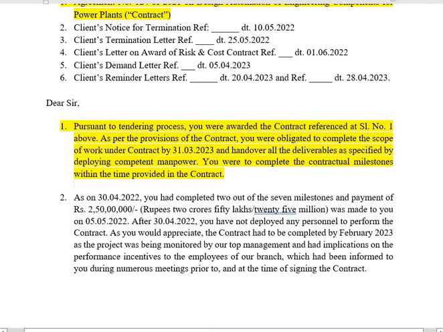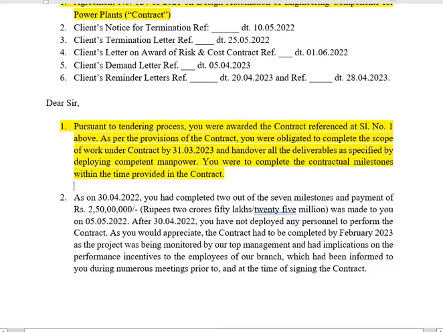And it says, as per the provisions of the contract, you were obligated to complete the scope of work under the contract by 31/3/2023 and hand over all the deliverables as specified by deploying competent manpower. You were to complete the contractual milestones within the time provided in the contract.